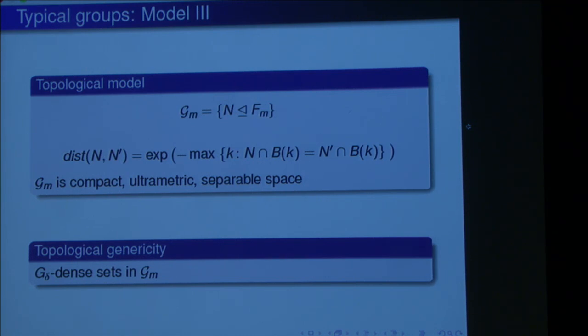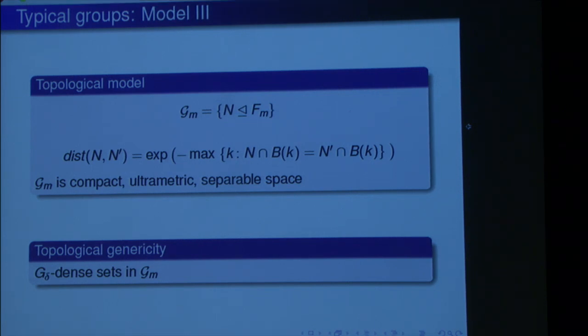Now we would like to take a topological viewpoint, and the very standard thing to consider is open dense subsets. If you have a topological space and you would like to see something topologically generic, you look at properties of open dense subsets or countable intersections of such. So this is quite standard to consider, right?